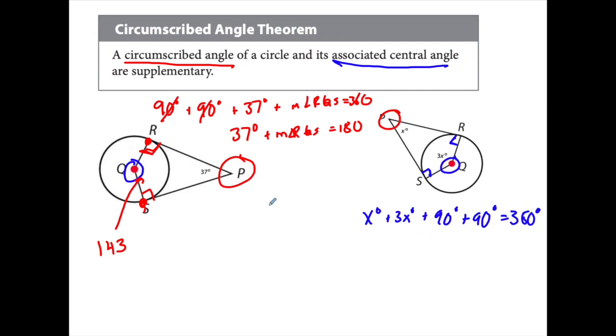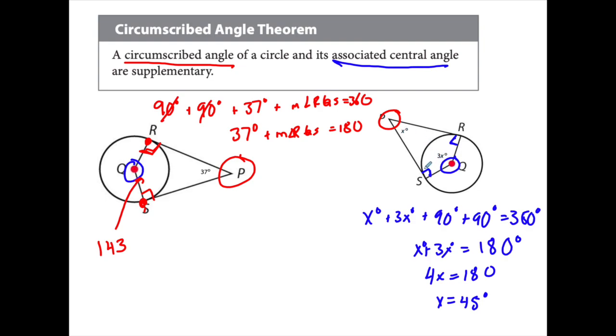Okay, and by the same logic as the red over there, we get x plus 3x is equal to 180. So again, that shows you that the circumscribed angle and the central angle are always supplementary. And then you can solve this to get 4x equals 180. So x equals 45 degrees. And you get 45 and 135.